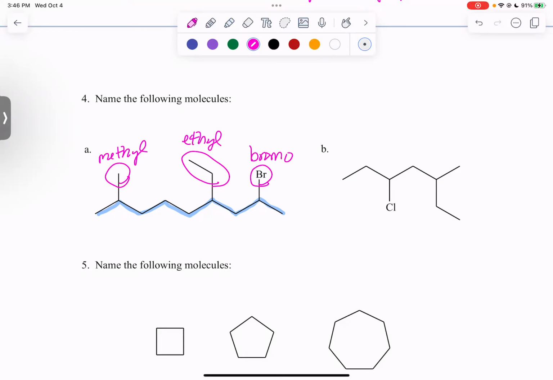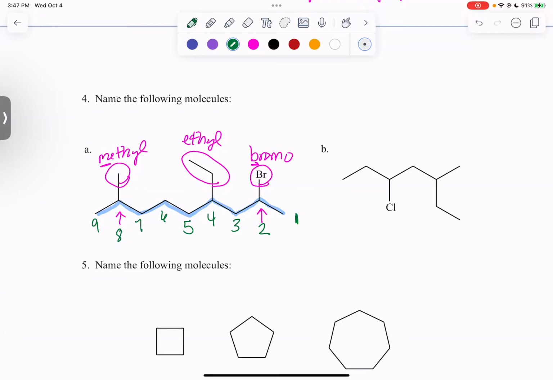All right, so now each of my ends has a substituent that's 1 away. So how do I know which one to start with? In this case, we're going to look alphabetically. What comes first, methyl or bromo? Bromo would come first, so this one would get the lower number. So I'd have to start my numbering 1, 2, 3, 4, 6, 7, 8, 9.